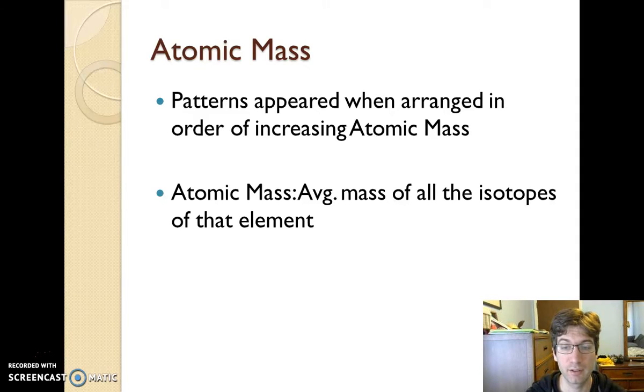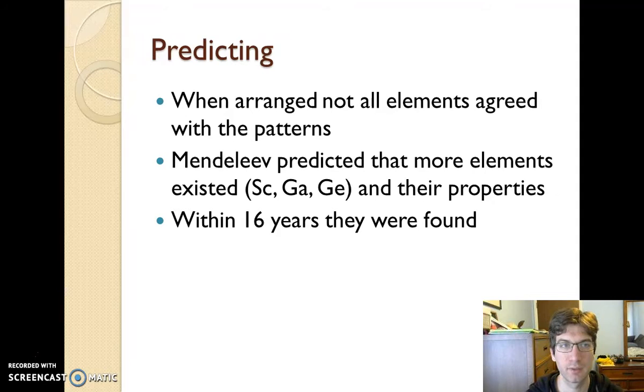After he put them in kind of order based on their properties, he noticed that they increased in atomic mass. The atomic mass, again, is an average of all the isotopes of that element. So it is an average, and that's why it's going to be kind of an ugly-looking decimal number as opposed to the atomic number, where you can't have like a fraction of a proton in your element.